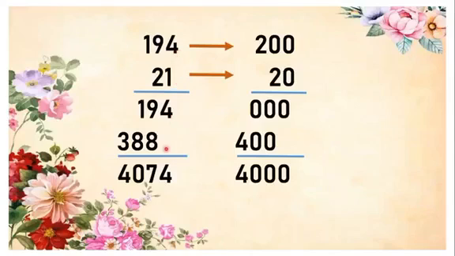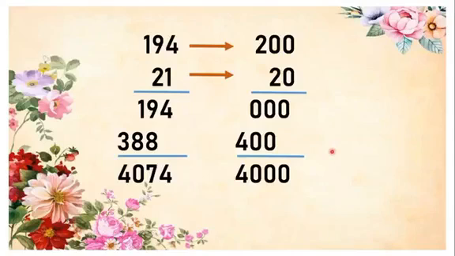And you will get a second partial product when you multiply 2 by 194. And you will get a total actual product of 4,074 by multiplying 194 and 21.